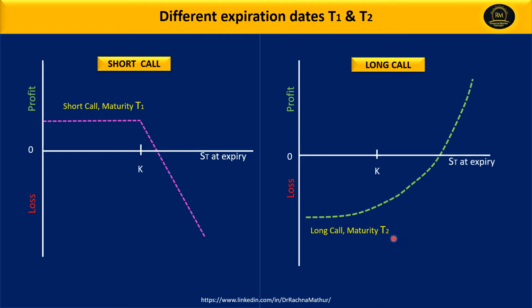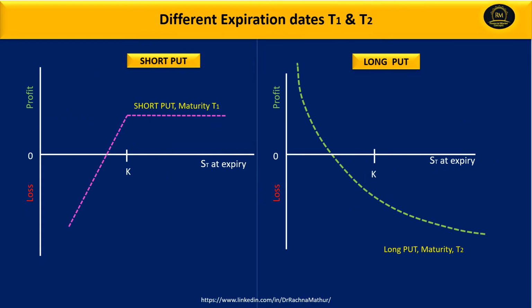But when you deal with a long-term maturity at a longer time, your curve will be a smooth curve. Since it is a call, we are expecting the price to go up. So a smooth curve, the price is going up without any kink at the strike. Likewise, if you are creating a calendar spread using put options, taking short put and long put, for short put, for smaller time maturity T1, the curve will be the same kink shape.